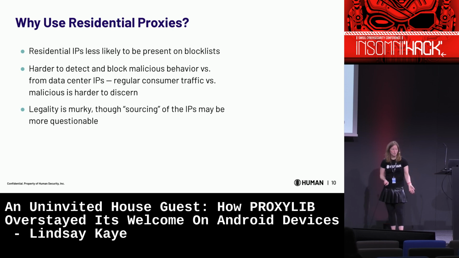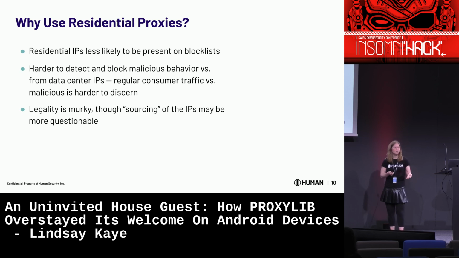So why do they use them? Generally, when you look at what IPs are on block lists, you don't tend to see residential IPs. Obviously, if somebody is blocking IPs that belong to people, customers are going to get pretty upset. So generally, these are not on those block lists. Another detail is that as defenders, when we try to detect and block malicious behavior coming from these residential IPs versus data center IPs, it's a lot harder.